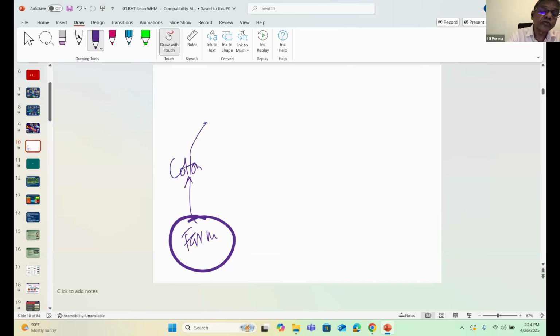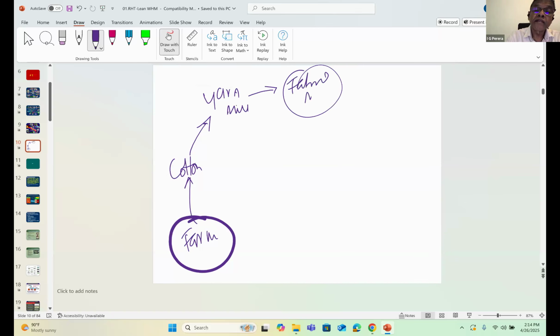Cotton is supplied to the yarn mill, then converted to yarn. Yarn is supplied to the fabric mill, converted to fabric. Then fabric is supplied to the garment manufacturer, converted to garments.